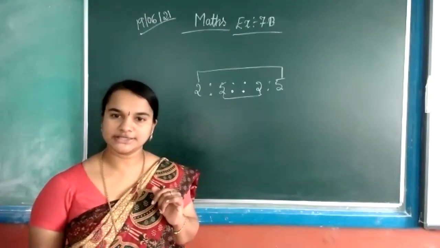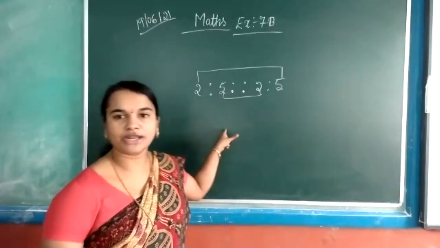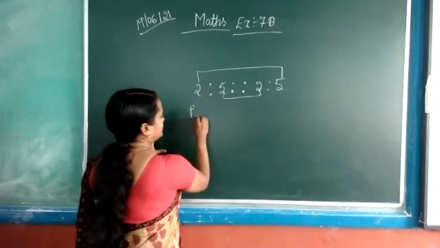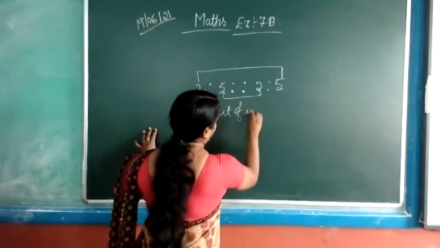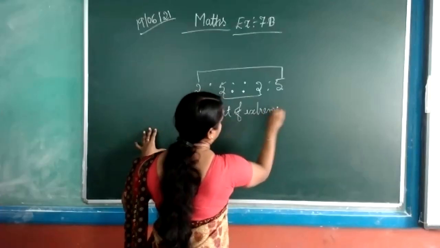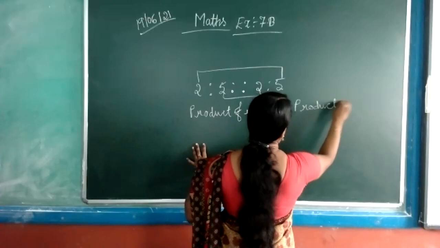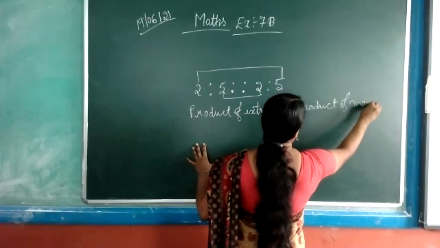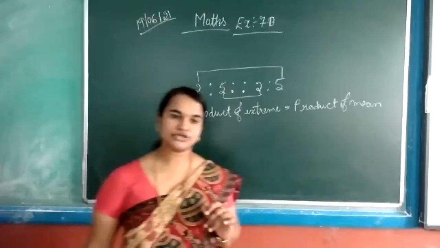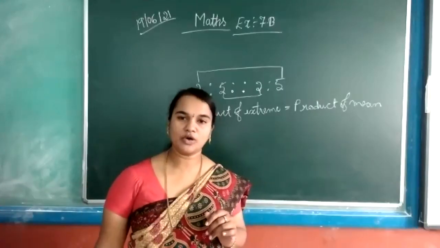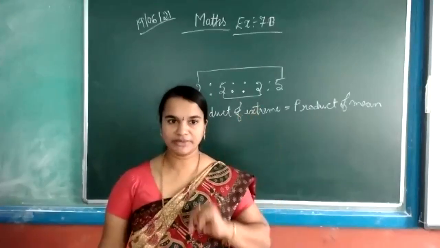Whenever we check if it is a proportion or not, the step is: product of extremes equals product of means. This is the formula. If in the question they ask us to find out whether the given numbers are in proportion or not, there are two methods.